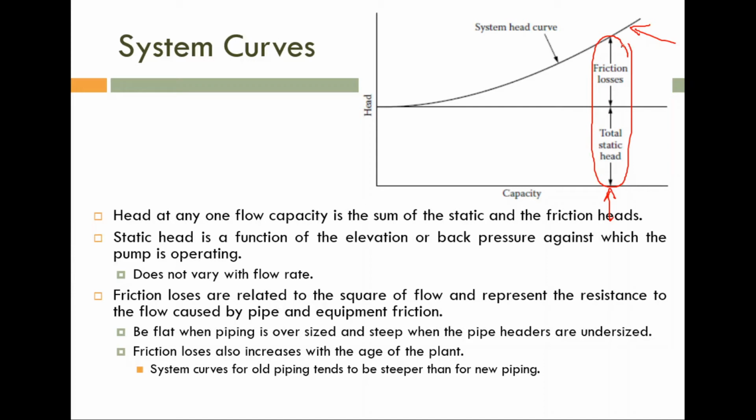Otherwise, we can't pump liquid with this required flow rate. So knowing this system curve is very important. Without knowing the system curve, we can't select the pump. So in order to select the pump, we need to know the system curve.